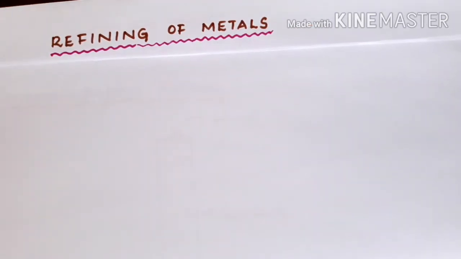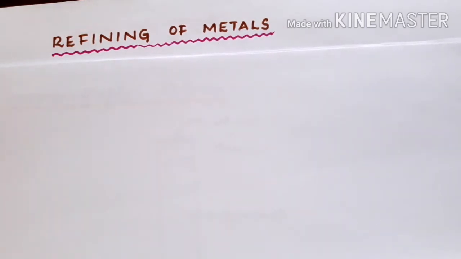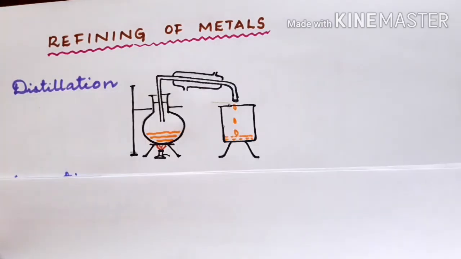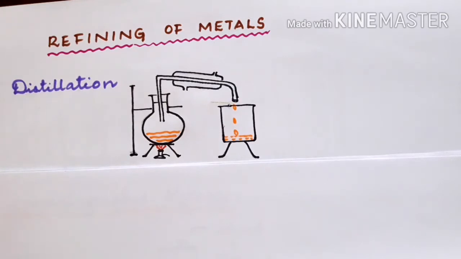Suppose we have a metal which is highly volatile. Such a metal can be purified by the process called distillation. Volatile metals are purified by distillation. Here, the metals which are volatile will have very low melting point.